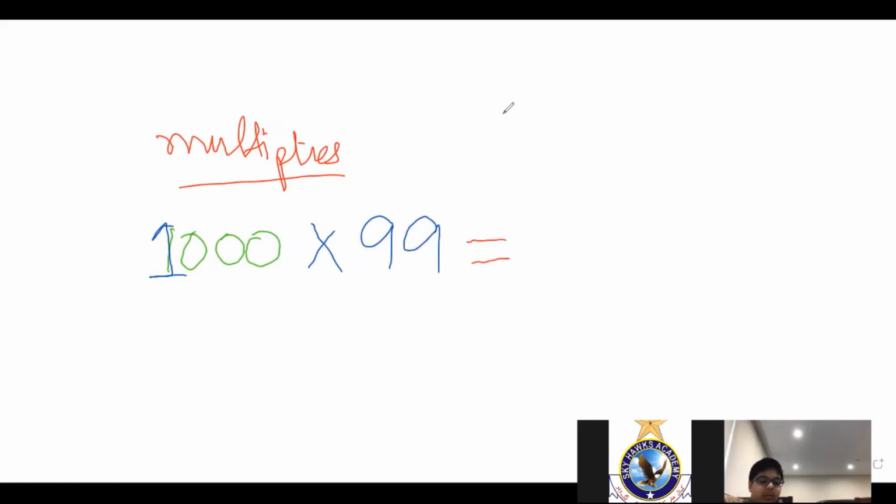What is the answer? 99 multiplied by 1000 is 99,000.